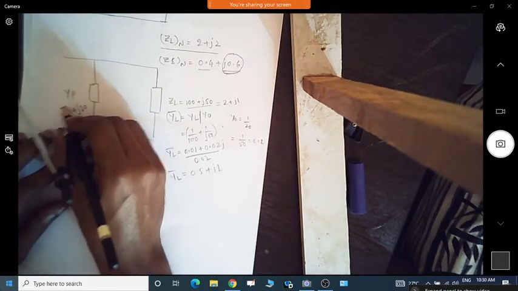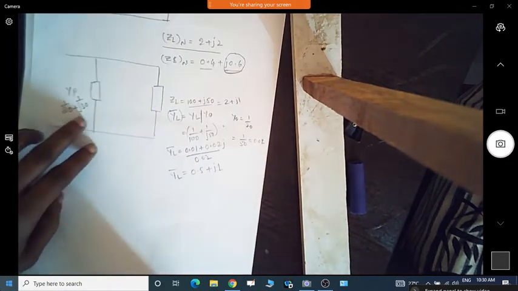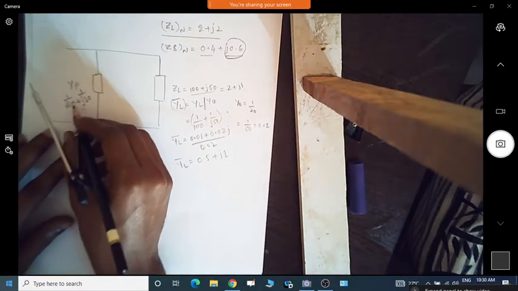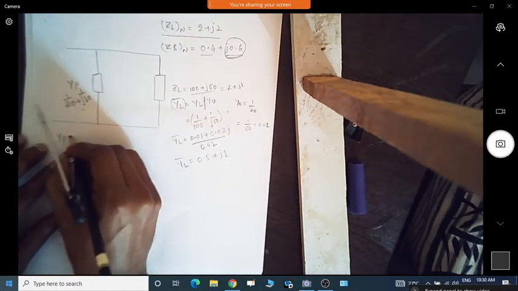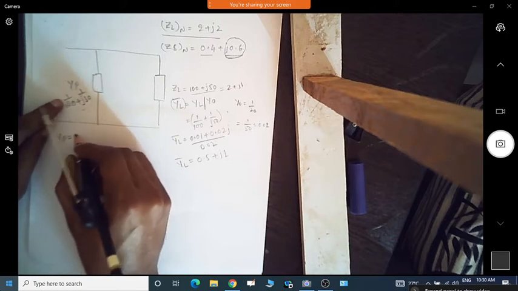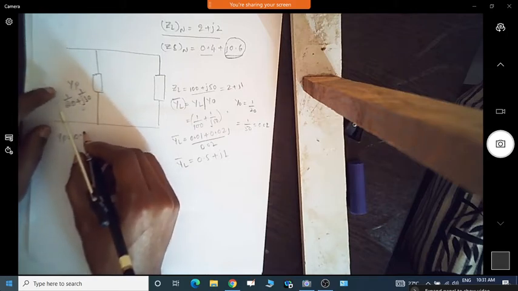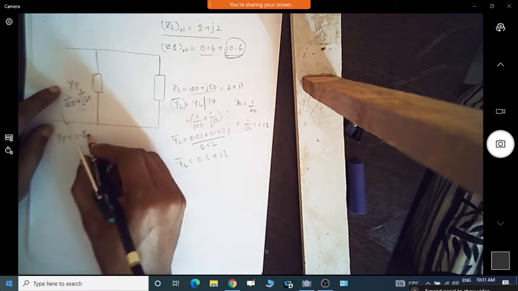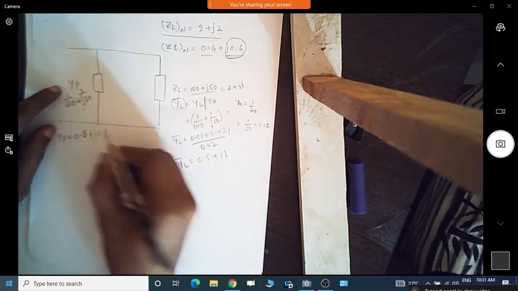Okay, so we can take 1 over 20 plus 1 over j30. So now if we get the value of this one, we will get 0.5 plus j0.6.